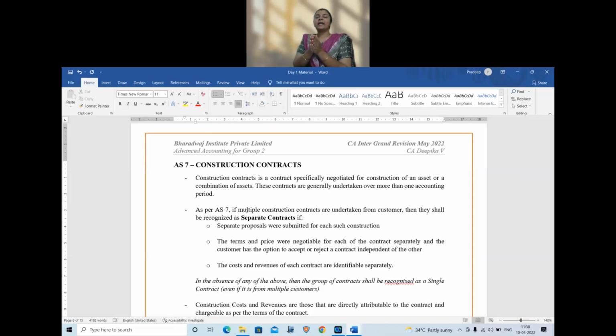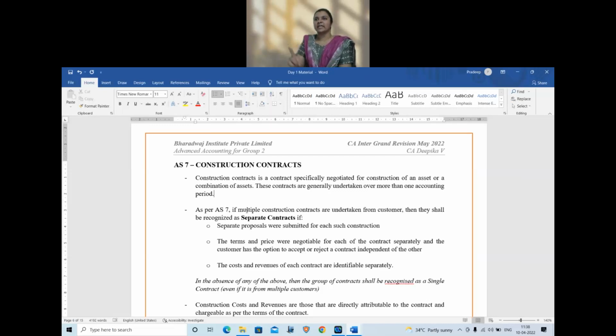It shall be taken either as separate contracts, which means each particular contract is separate, or it can be taken as a group contract or one single contract. Now, how do we identify the two rules? First condition: if you are going to submit separate proposals, which means I am going to give separate negotiation proposals, offers for separate contracts.